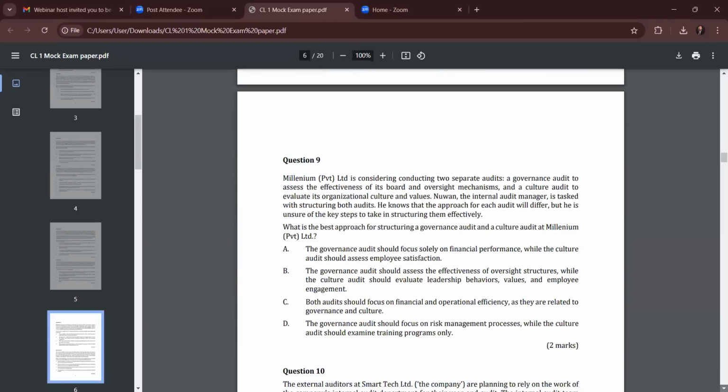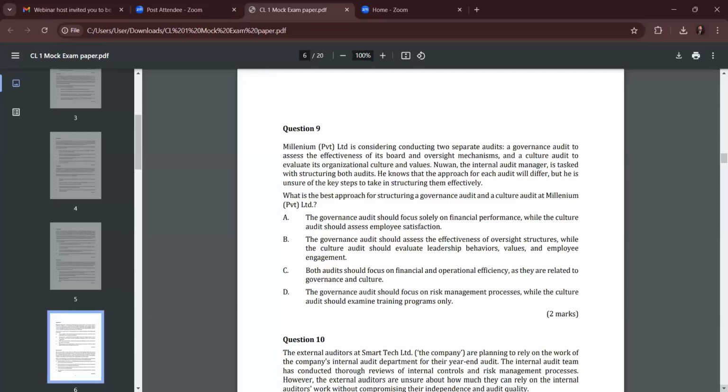Self-review threat can happen. Next, Millennium Private Limited is considering conducting 2 separate audits.